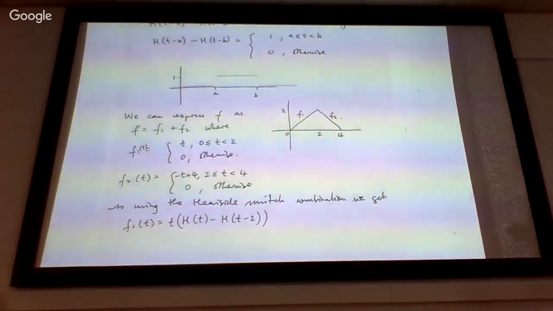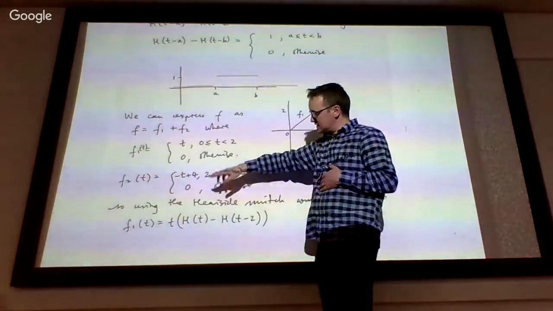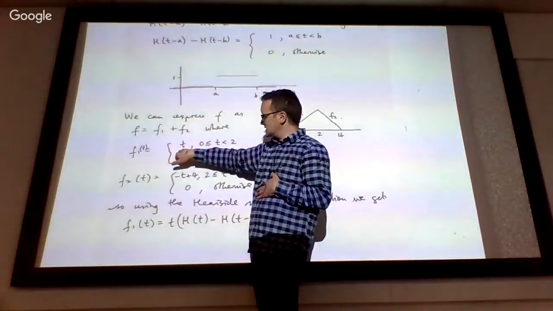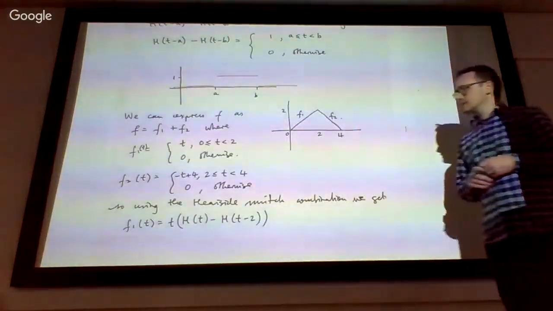So that's f1. The combination of Heavisides is switched on in the relevant interval and switched off otherwise. Switch on this function t, so I multiply the switch by t, and switched off otherwise.